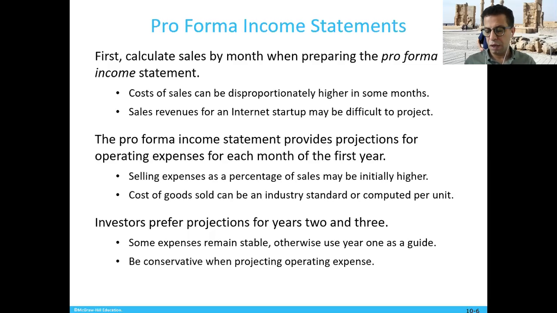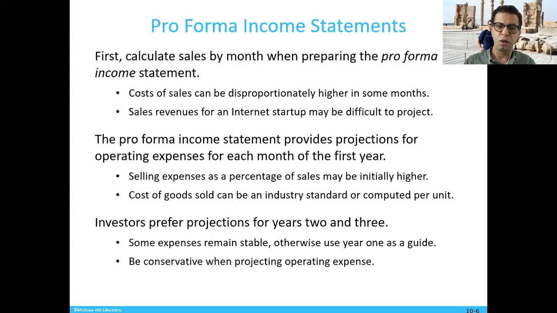Investors prefer, as we said, a projection, a plan, of 2 to 3 years. As you know, some expenses remain stable. Otherwise, use year one as a guide. If the expenses are not stable and you cannot predict them, and there is no independent variable involved, you use the first year's expenses.